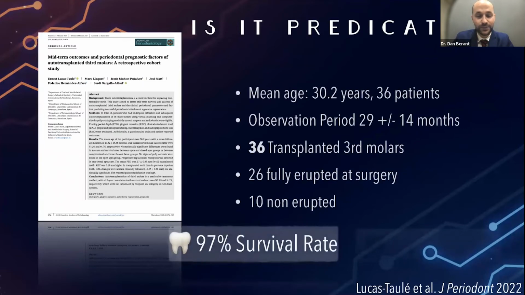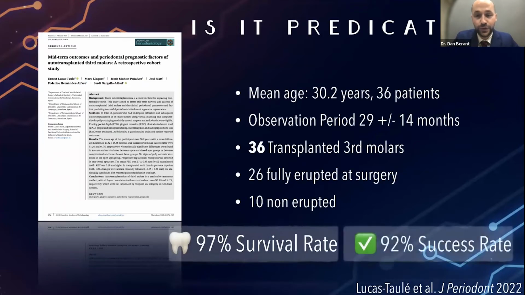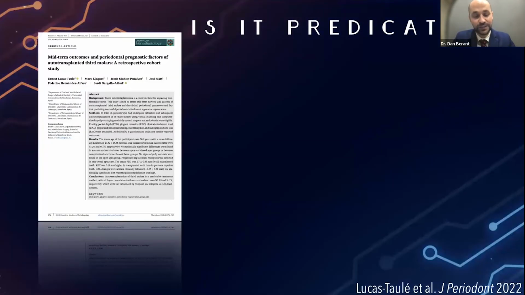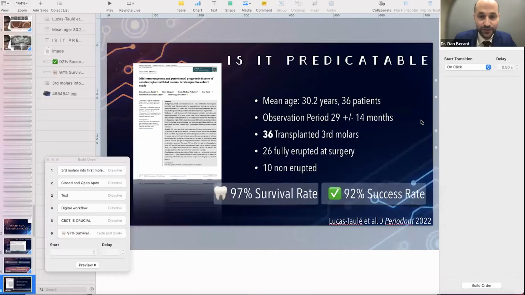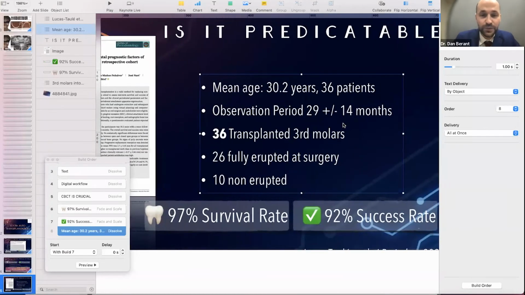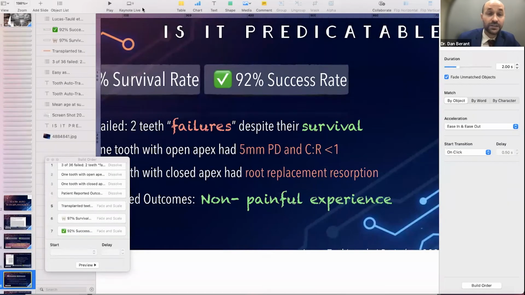Essentially they had a mean age of 30, with 36 teeth transplanted in 36 patients and an observation period of 29 months. 26 of the teeth were fully erupted and 10 were non-erupted. And there was a 97% success rate, 90% survival rate, and 92% success rate.